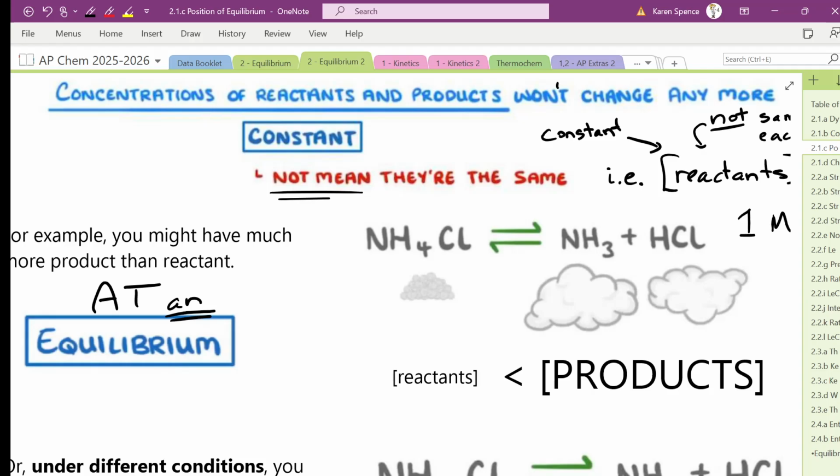Okay, so we are at an equilibrium. This is the equilibrium at a particular temperature. And in this particular case, we have a lot less reactants than products. Not very much. Lots.